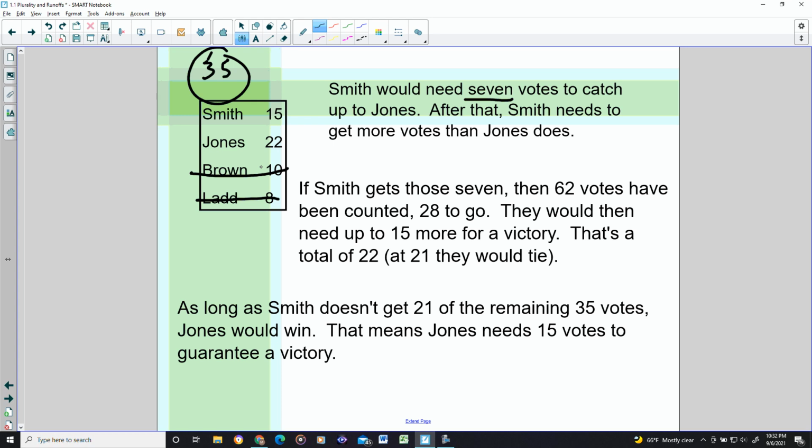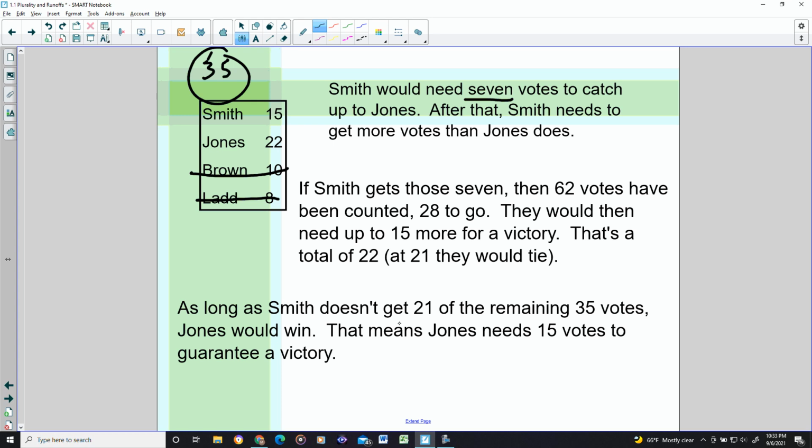So in order for Smith to win, he would need 7 votes, right? Plus 15 more. So that's a total of 22. And at 21, they would tie. But if we're guaranteeing victory, we're also going to consider a tie too. As long as Smith doesn't get 21 of those votes, then Jones would absolutely win.